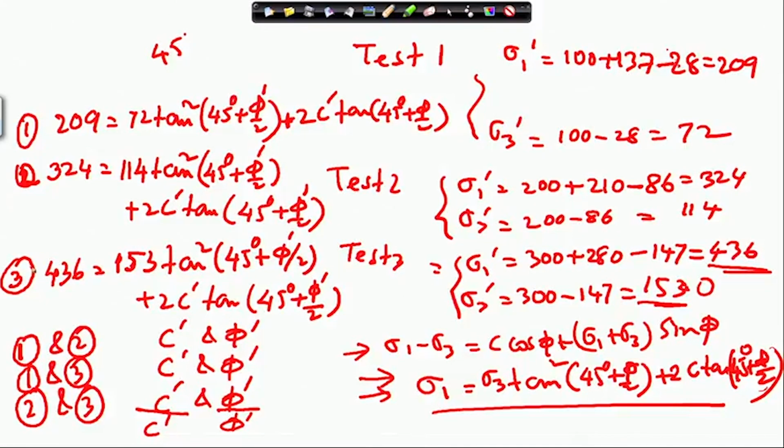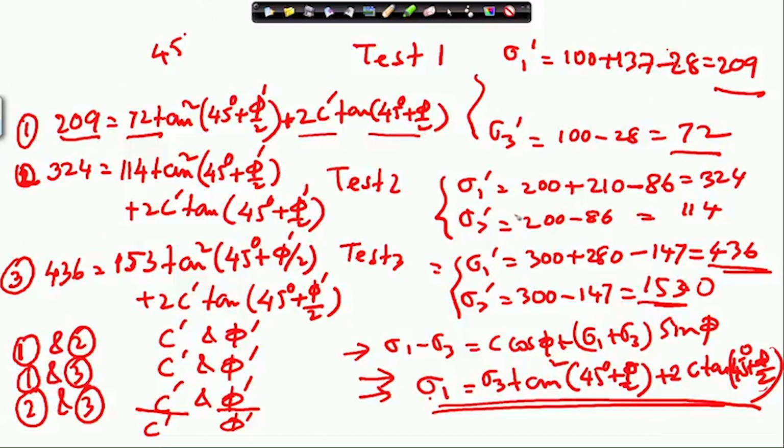How have I got these equations? I have already shown sigma 1 and sigma 3 from test 1, and the relationship between sigma 1 and sigma 3 is this one. Using that, sigma 1 is 209 and sigma 3 is 72, so sigma 3 tan square (45 degrees plus phi by 2) plus 2 c tan (45 degrees plus phi by 2).